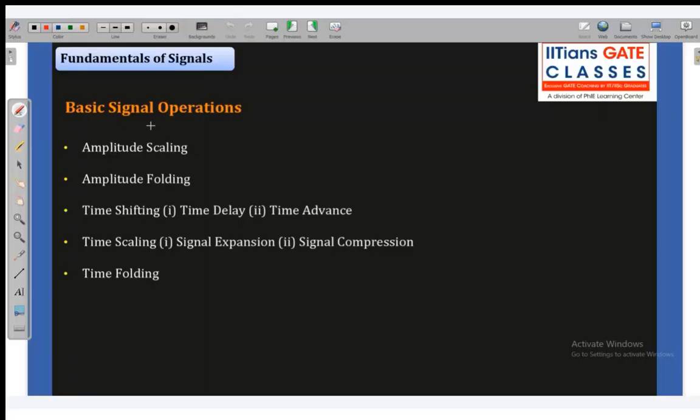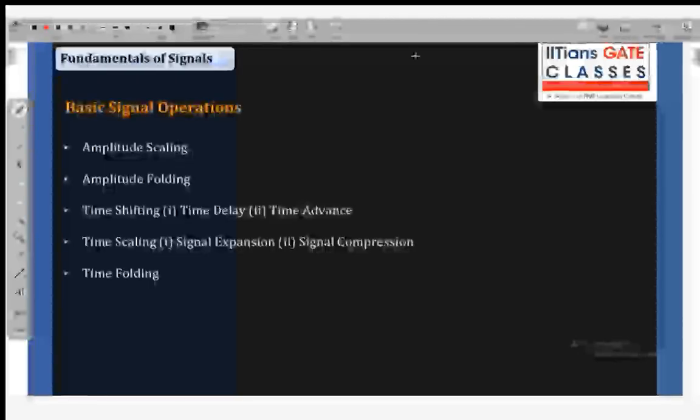So there are multiple signals, but those signals we will discuss later on. Right now we are discussing the basic signal operations. Irrespective of whether you know the signal or not, we can understand these basic operations on the signal. And obviously this would be our first lecture in signals and systems. We will be discussing these things only.